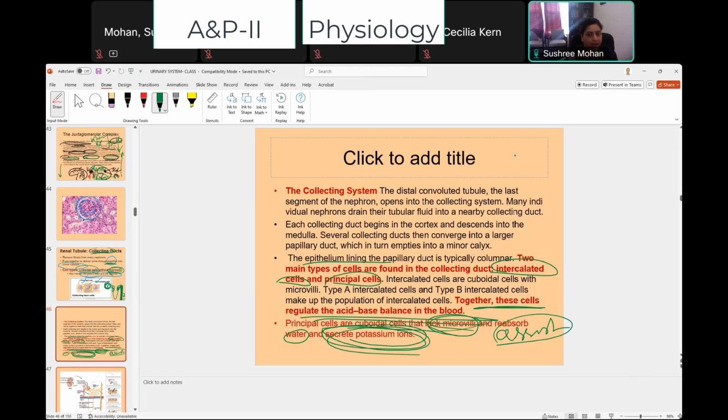I will explain about aquaporins later on in the subsequent slide, but they do secrete potassium ions, and potassium ions are bad. With the urine, we are going to get rid of potassium ions. We don't need potassium ions. So secretion means adding the potassium ions back into the urine, and that is done by the collecting system.